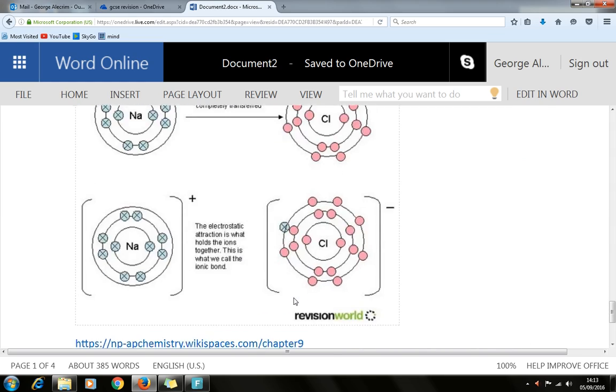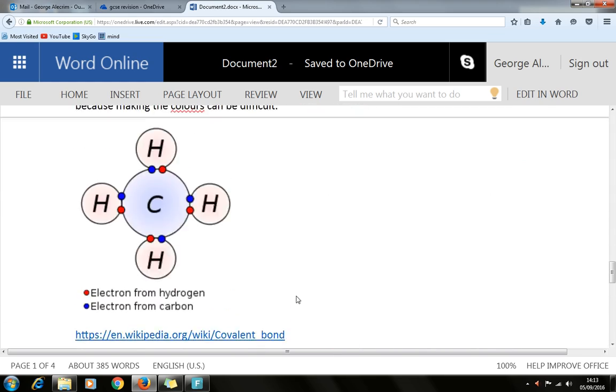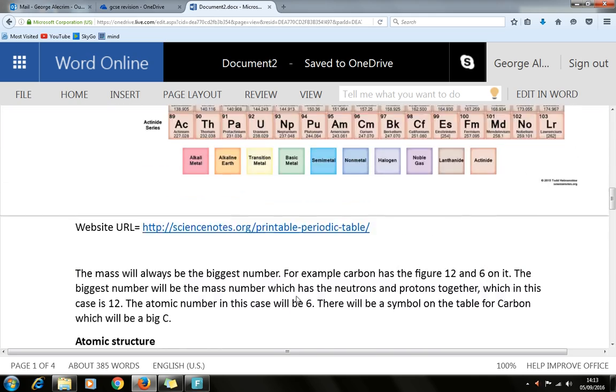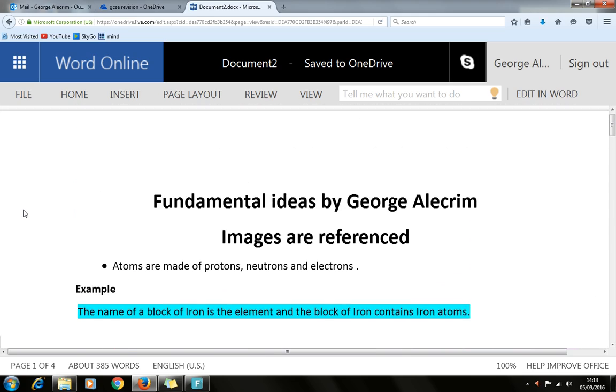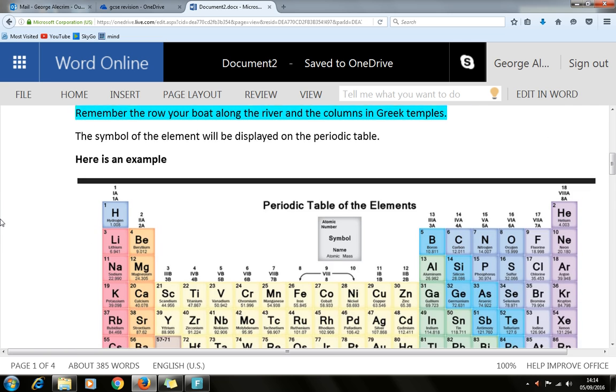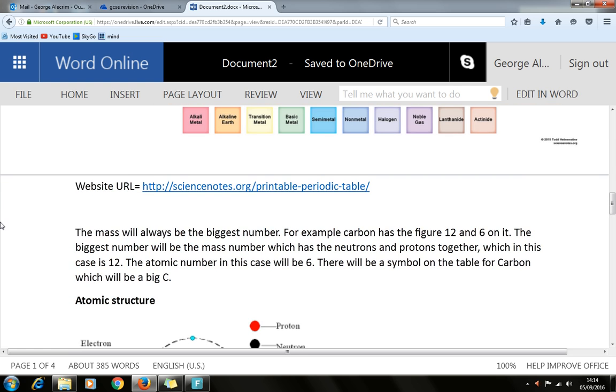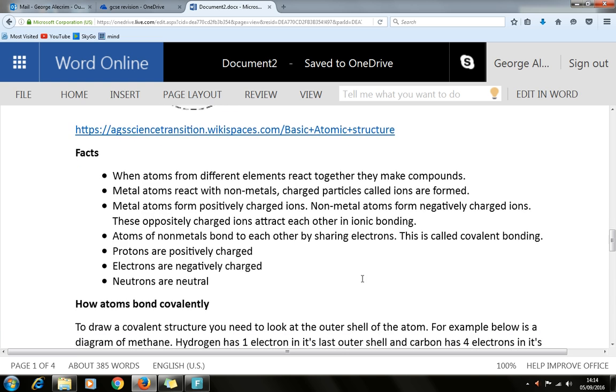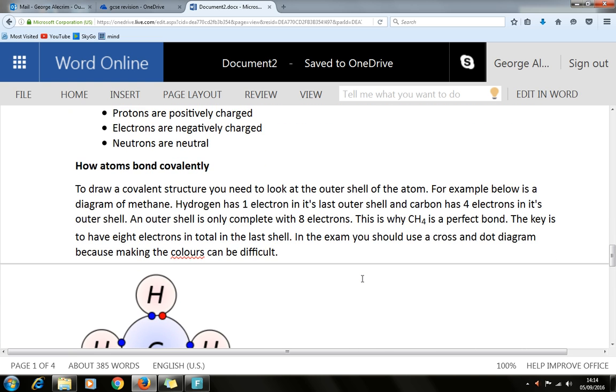So, going back to my ideas, that's it really. They're the basic ideas that you need to know. As long as you know what atoms are, what ionic and covalent bonding is, what a periodic table is, and memorize these facts as I've taught you, and also calculate the amount of, for example, if it was an equation, I'll do that on a separate video, because that's for different tiers.